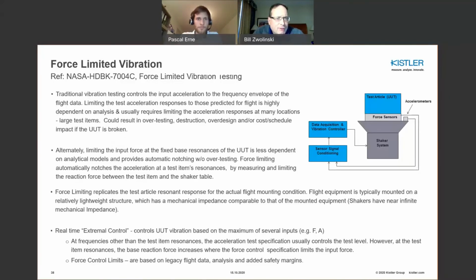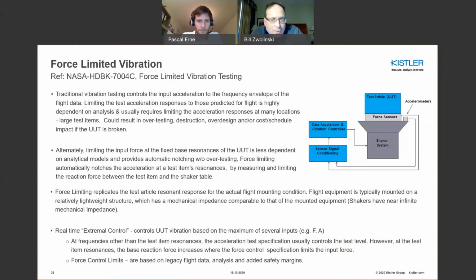The force limited vibration test fundamentally is that you want the force limiting solution to automatically notch the acceleration at the test item resonances, and what you're monitoring is the fixed base resonances at the interface between the shaker and the test article. By notching these resonances, you're able to best replicate the test article mount in actual practice.